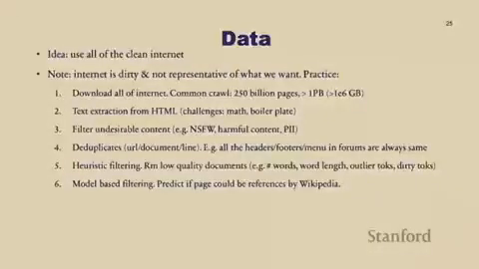Next step, model-based filtering. Once you've filtered a lot of data, what you will do, and that's actually a very cute trick, is take all of Wikipedia and look at all the links that are linked through Wikipedia pages. Because if something is referenced by Wikipedia, it's probably some high-quality website. And you will train a classifier to predict whether a document comes from one of these references from Wikipedia, or whether it's from the random web.